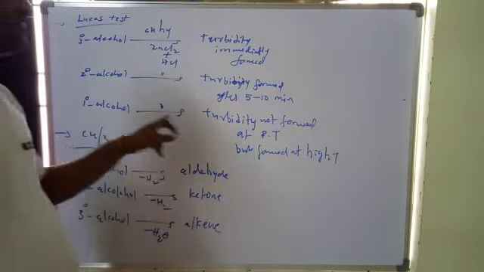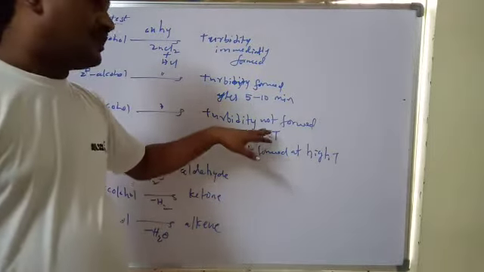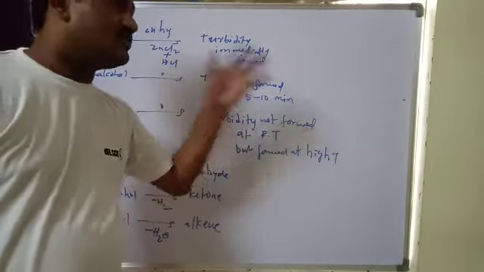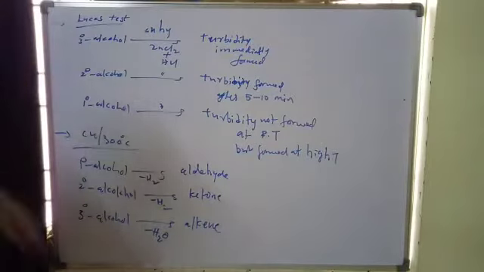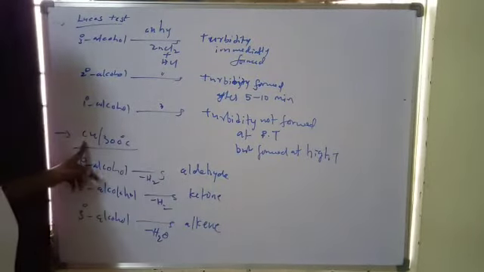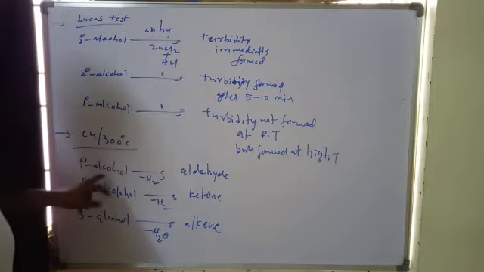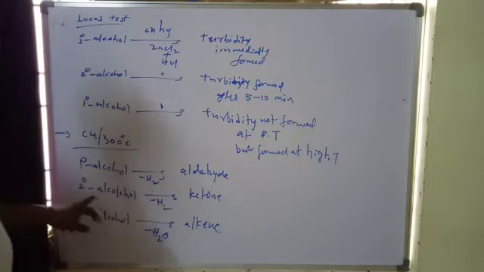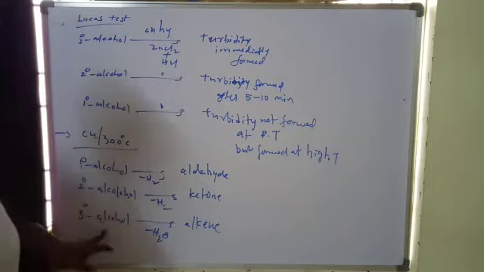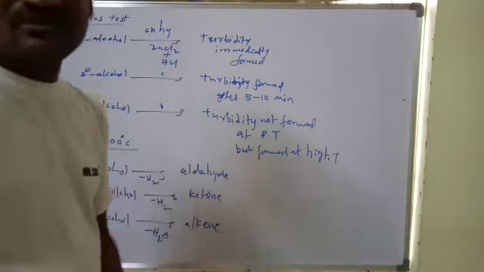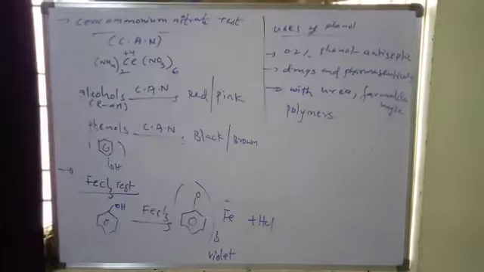Primary alcohols do not form turbidity at room temperature, but at high temperature the turbidity slowly forms. And with copper dehydrogenation reaction at 300 degrees Celsius, primary alcohols give aldehydes, secondary alcohols give ketones, and tertiary alcohols give alkenes.